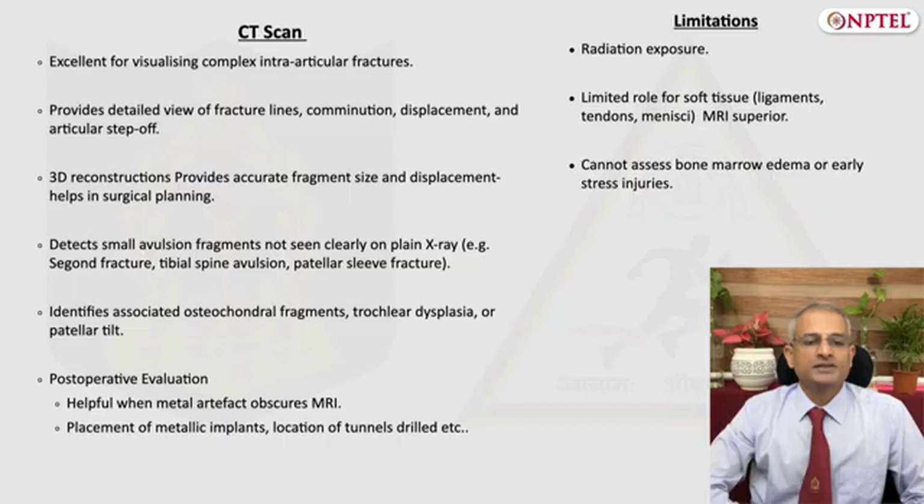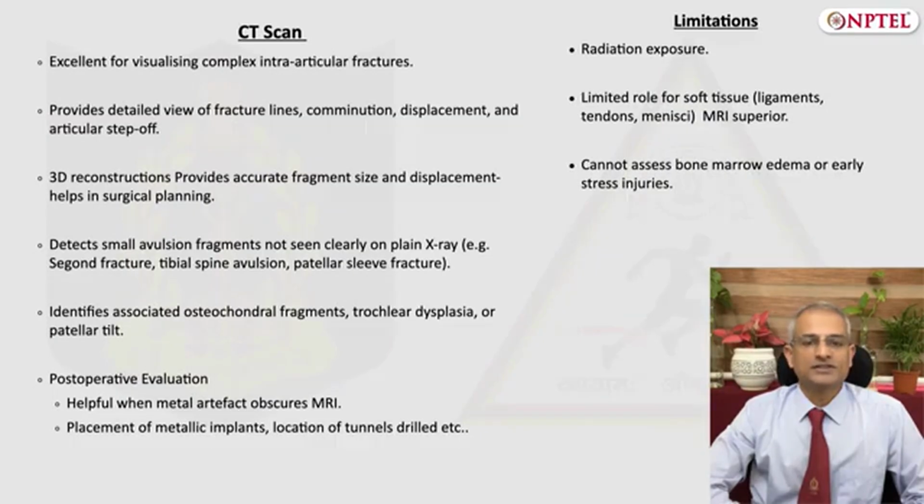The bony morphology, especially in case of trochlear dysplasia, which is seen whenever there are cases of patellar instability, is better seen on a CT scan. It helps in preoperative planning for fixation of various fractures. It also helps for post-op evaluation of tunnel placement or hardware or any complications of surgery.